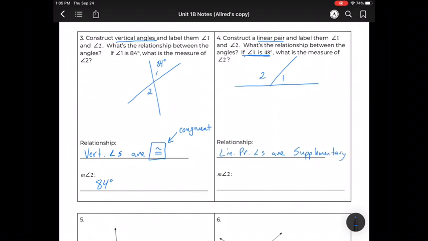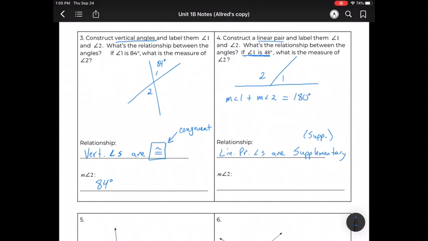And there's no symbol for supplementary, unfortunately, so we have to spell out the word. You could abbreviate it as SUPP, period. Okay? But what does that mean? That means that their measures add up to 180 degrees. So the long way of writing that equation is the measure of angle 1 plus the measure of angle 2 equals 180 degrees.